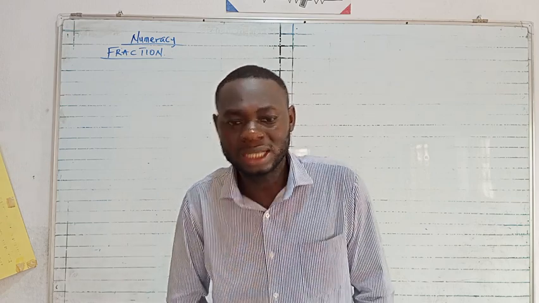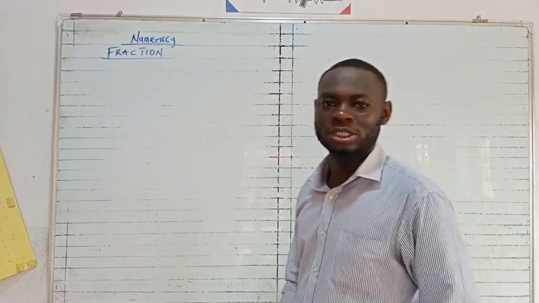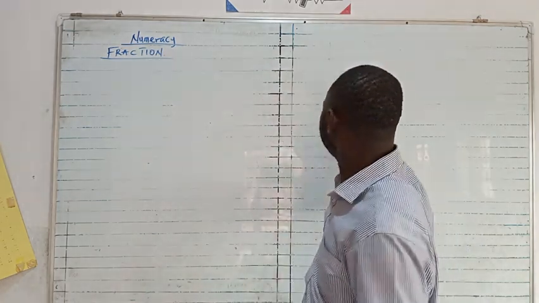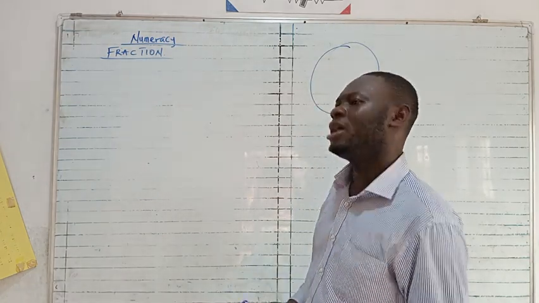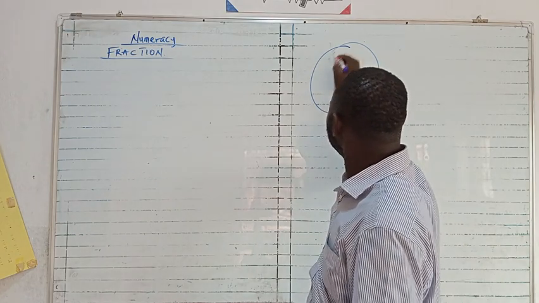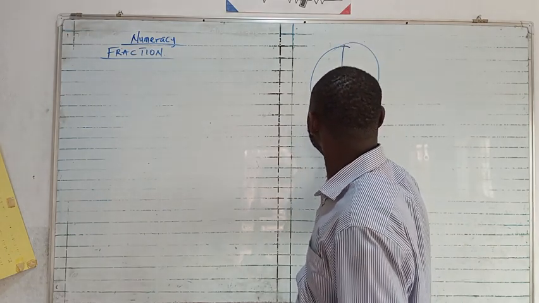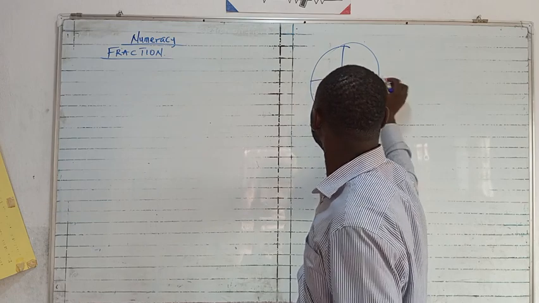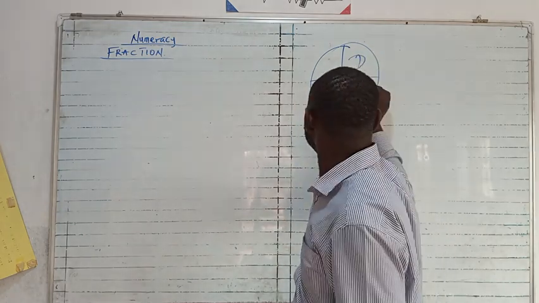Now, having said that, what is a fraction? Sometimes when mommy goes to Domino's to get a pizza, she gets one pizza and says, hey, come and take. Let's say mommy shared this pizza into 4, for example. And then we say, take this one.